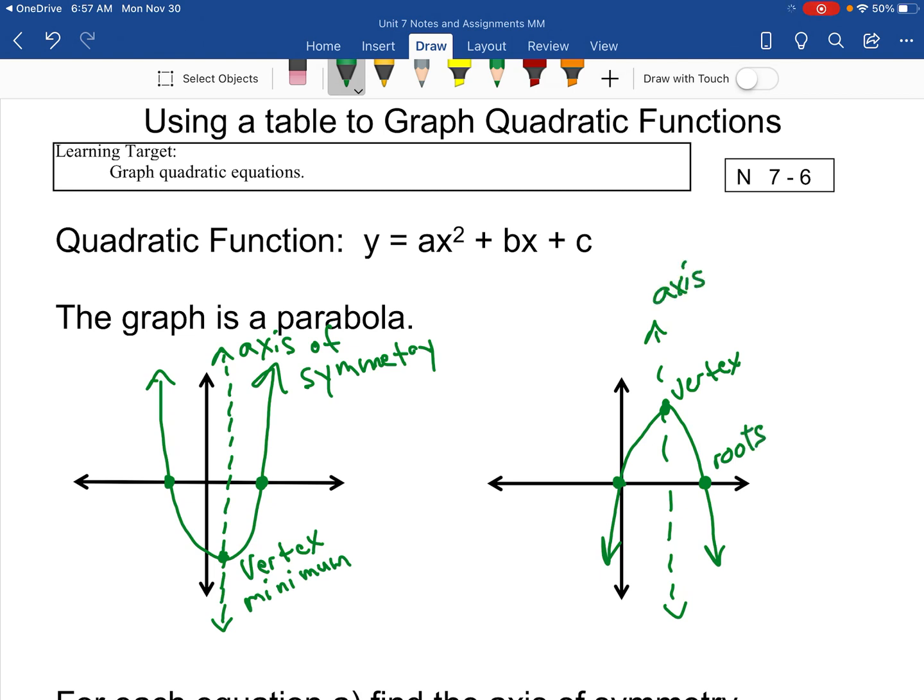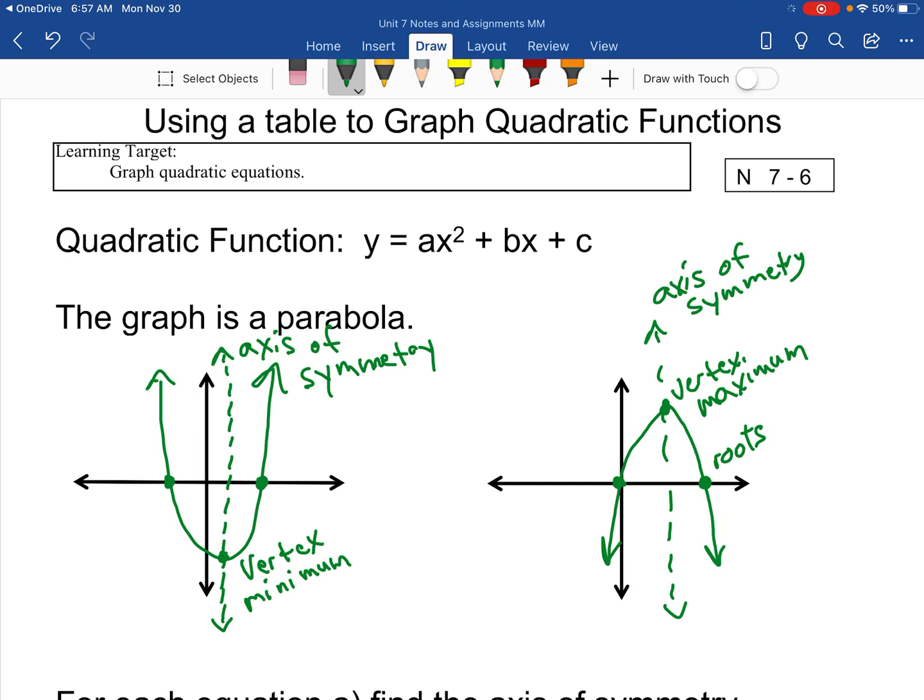The difference in this parabola is the vertex here is a maximum because it's the highest point. So if we have a positive parabola, it has a low point, so the vertex is a minimum. If we have a negative parabola, it's facing down, and the vertex is a maximum.